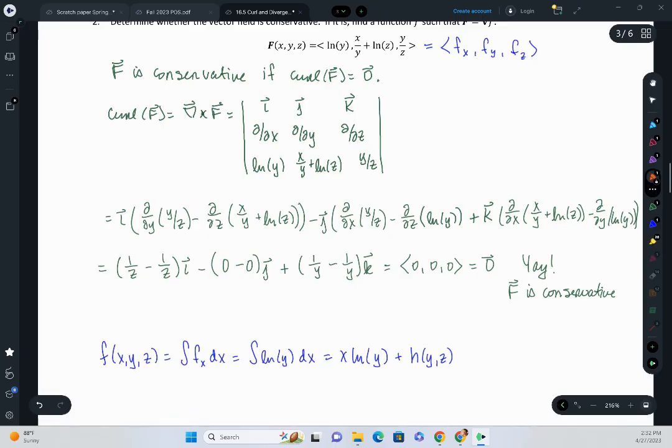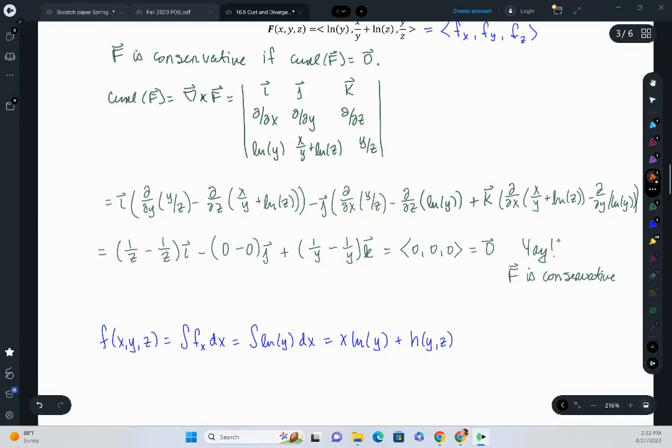The next one, x over y plus ln of z: we take f of x, y, z and we integrate f sub y dy. That means we're integrating x over y plus ln of z dy.